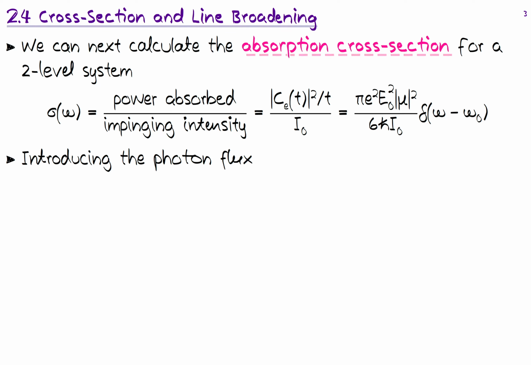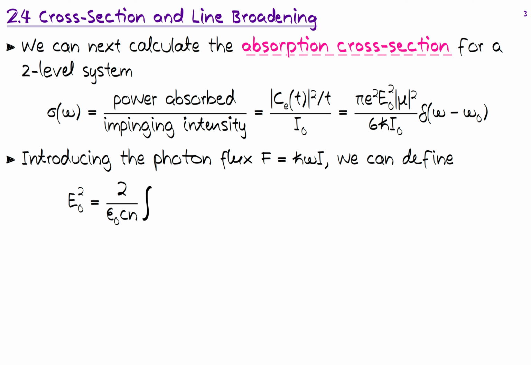Now introducing the photon flux F, which is a more macroscopic quantity that can be written as h bar times omega, the angular frequency of light, times the intensity. We can define the amplitude squared of our impinging field as 2 divided by the vacuum permittivity epsilon naught times the speed of light times the refractive index of the macroscopic medium, and then we integrate this radiative energy density associated with the field plus the thermal bath of the gain medium over frequencies.